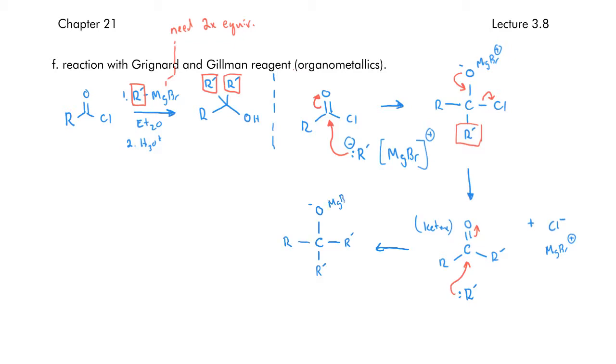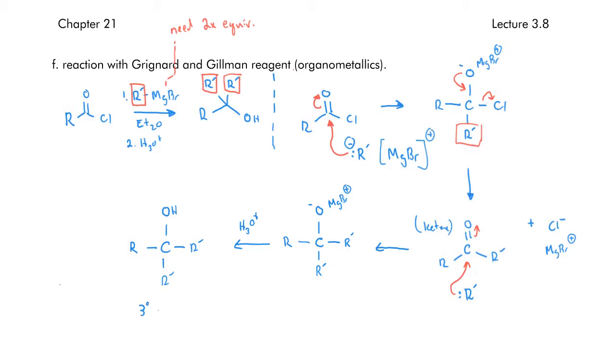Now, this tetrahedral intermediate salt does not have a leaving group, so it can't collapse and kick off an R group. So it's kind of stopped at this point. This is when we work the reaction up with acid and water to get the tertiary alcohol.